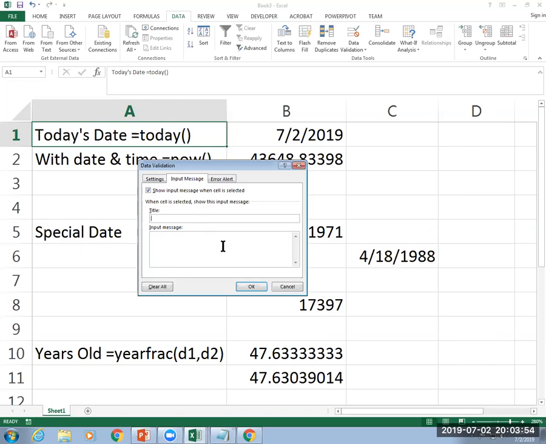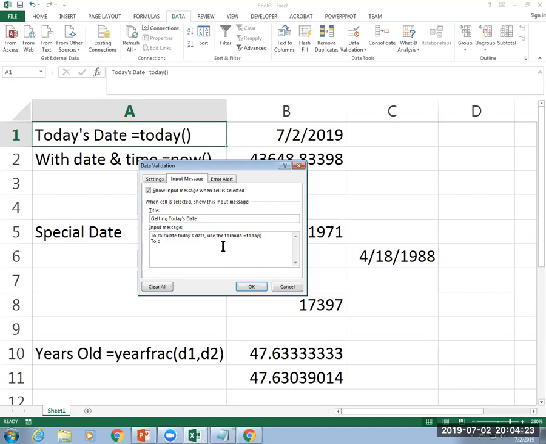So in here, I might say, getting today's date. To calculate today's date, use the formula equals TODAY, open and close paren.